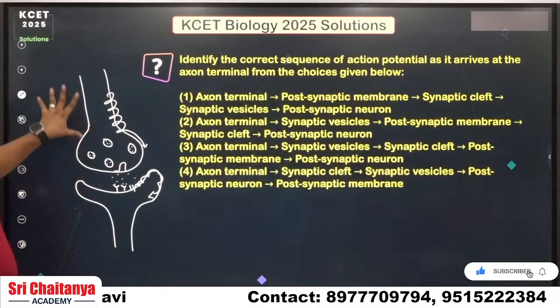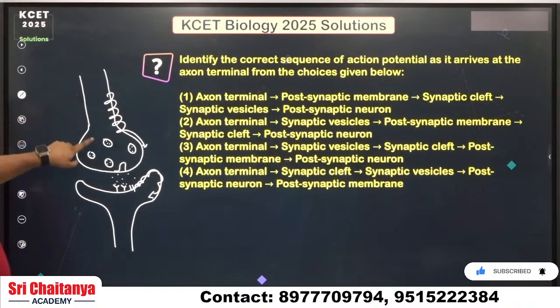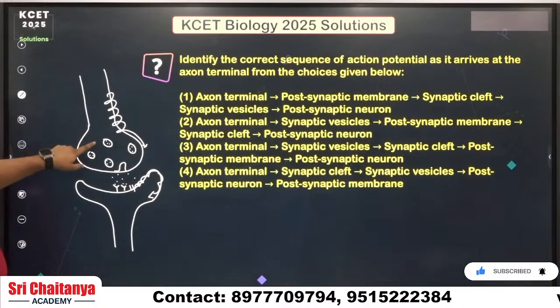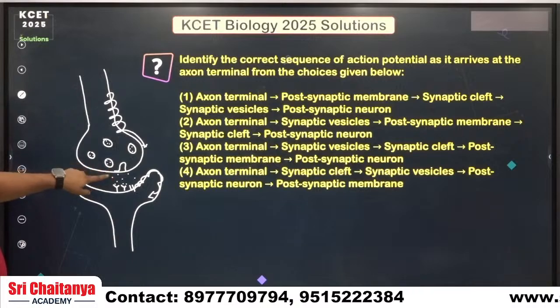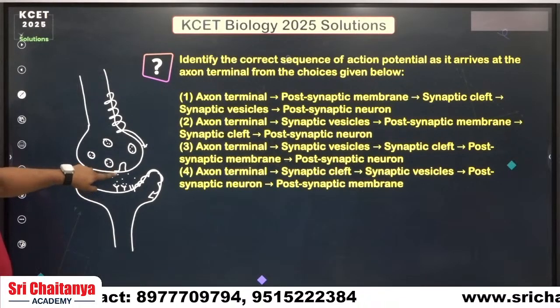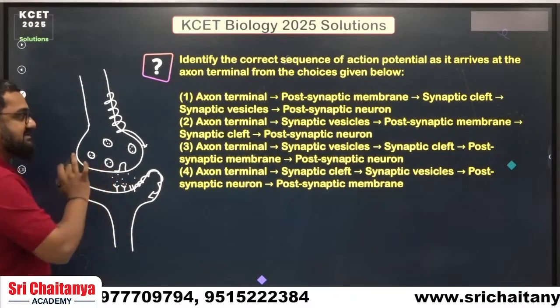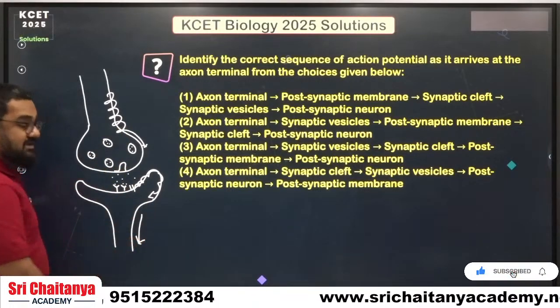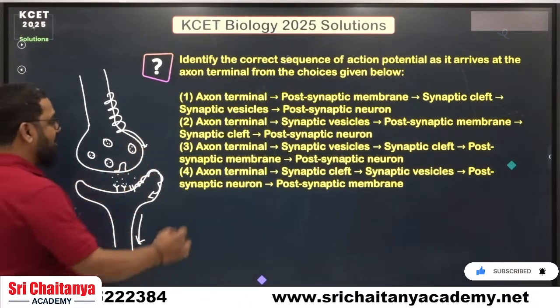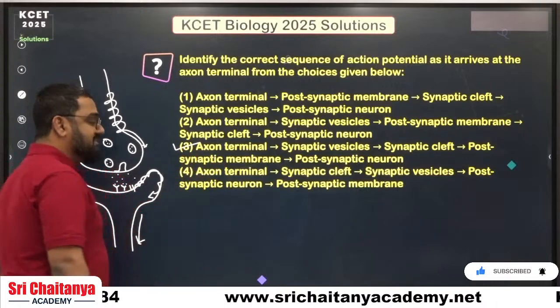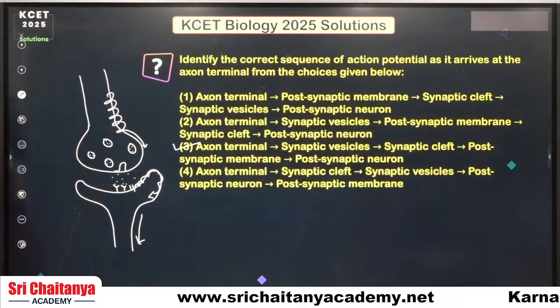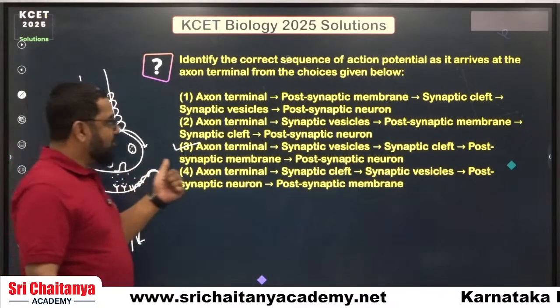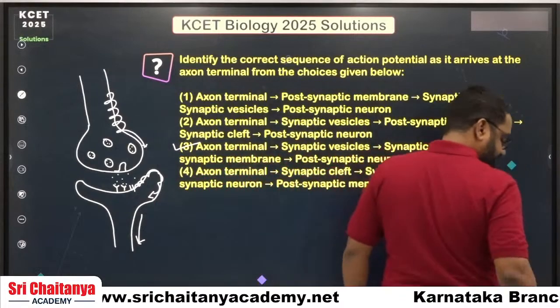So the sequence should be axon terminal, it will come to the synaptic vesicles. Through that it will come into the synaptic cleft, the neurotransmitters, which will go and bind onto the postsynaptic membrane and will be transmitted into the postsynaptic neuron. If you see, option 3 basically follows whatever we have told here. So the right option is option 3.